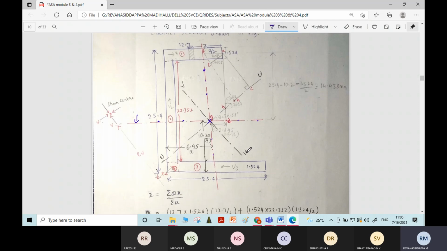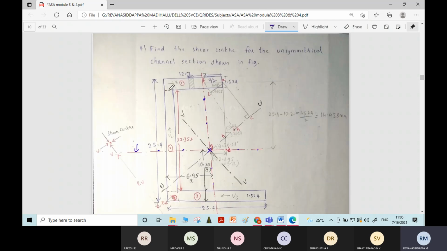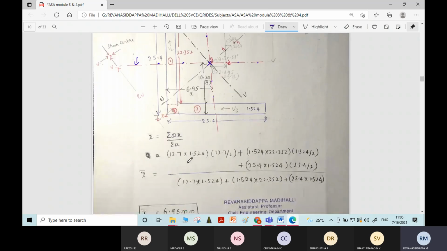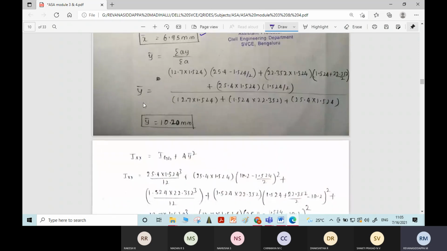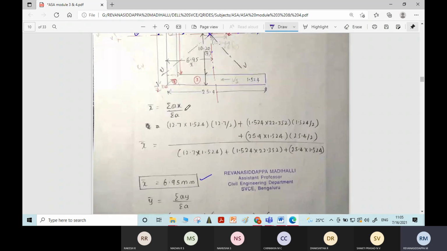To locate the shear center for this unsymmetric channel section, first you find the centroid, both x bar and y bar. You all know how to find x bar. The formula is sigma a x by sigma a.